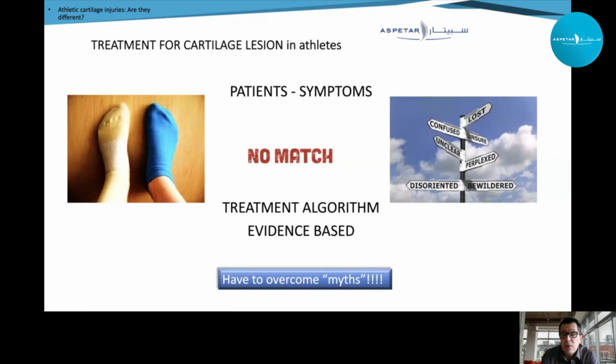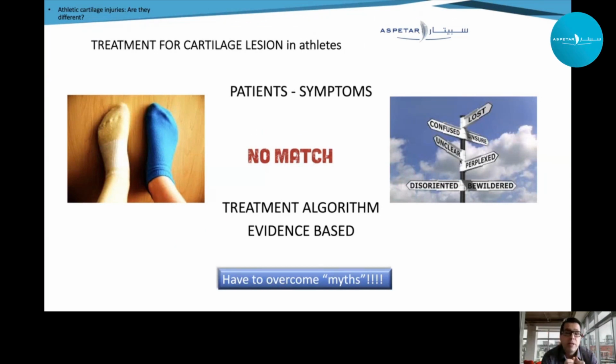We have some individual points to address, and in some cases symptoms and patients do not match the treatment algorithm that we set up. But the most important factor that plays a role in what we do up until now, and that's why my feeling is that we are underdiagnosing and undertreating these kinds of injuries, is that we have to overcome several myths.